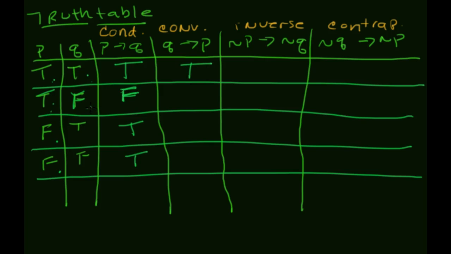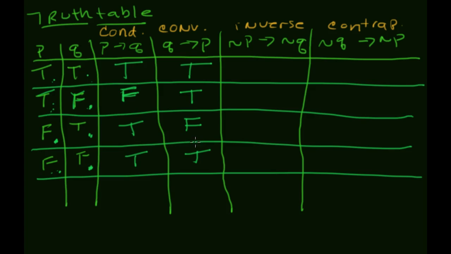Okay, now I have false Q implies true P, but the hypothesis is now false, which makes the whole statement true. Okay. True leading to false. True Q leading to false. True to false is the only way I can get a false. False, false, the hypothesis is false, which means the whole thing is true.